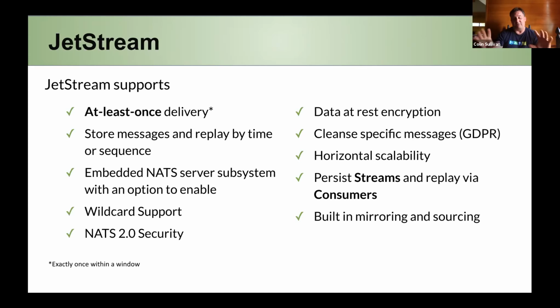So if you have 2 different clusters in 2 different parts of the world, you can just tell the NATS servers to mirror this persisted stream from cluster A to cluster B, and it will automatically do that. There's no external components. And then also sourcing. So I can say, all right, I want to create a stream and source 10,000 other streams into this one stream that I then might want to perform data analytics on.